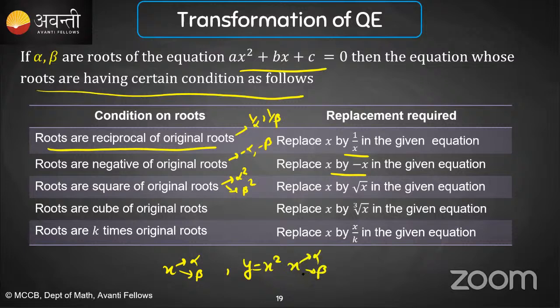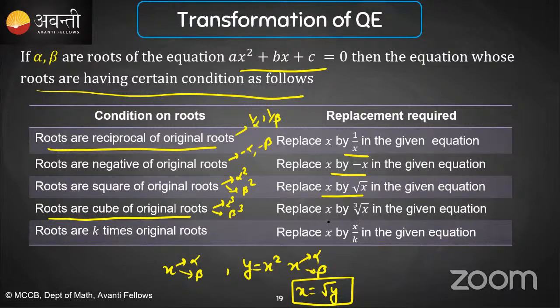But x is a root of the original equation, so x is root y. Again, you are replacing x with square root of x. Similarly, if roots are cubes of the original roots, alpha cube, beta cube, then you will replace x with cube root of x. Is this clear?